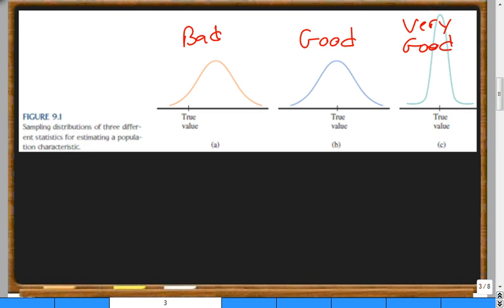If we're going to use biased statistics, we want it as small as possible. Both B and C are good, but we want the best version. If you were to pick a statistic to estimate based off these three, it would definitely be C, because it's very close to the mean value and we also have a very low standard deviation. You always want to go with the lowest standard deviation if you can.